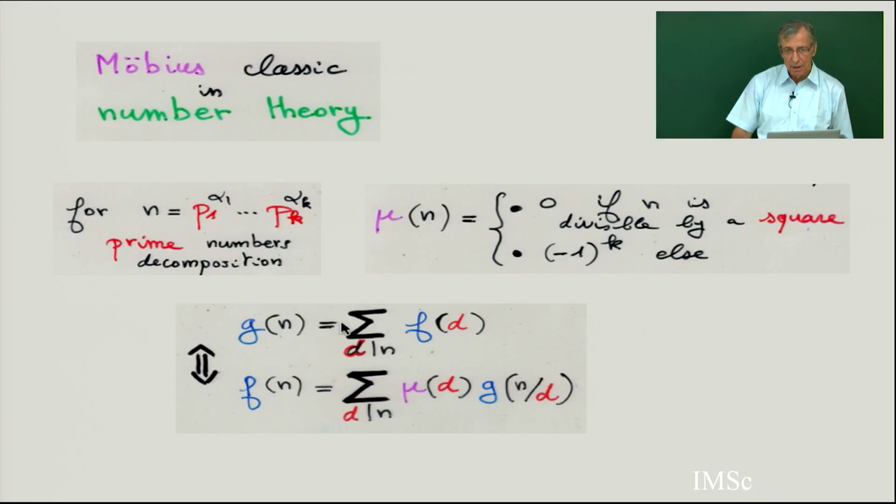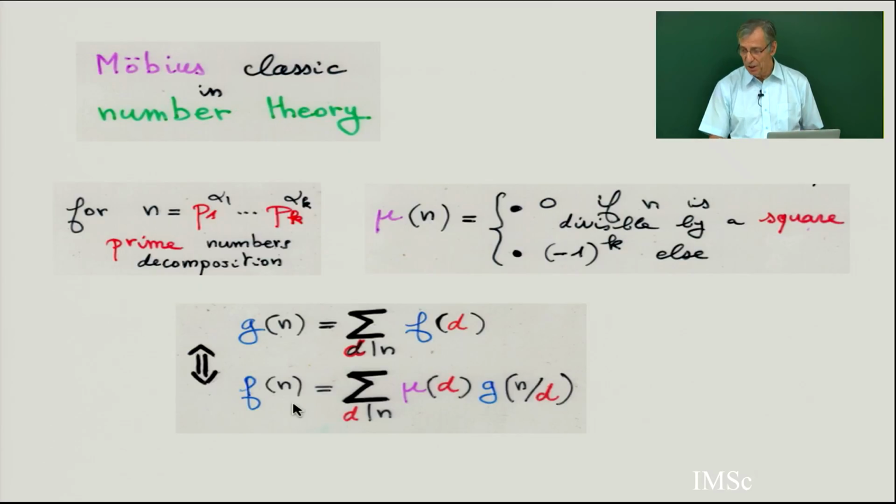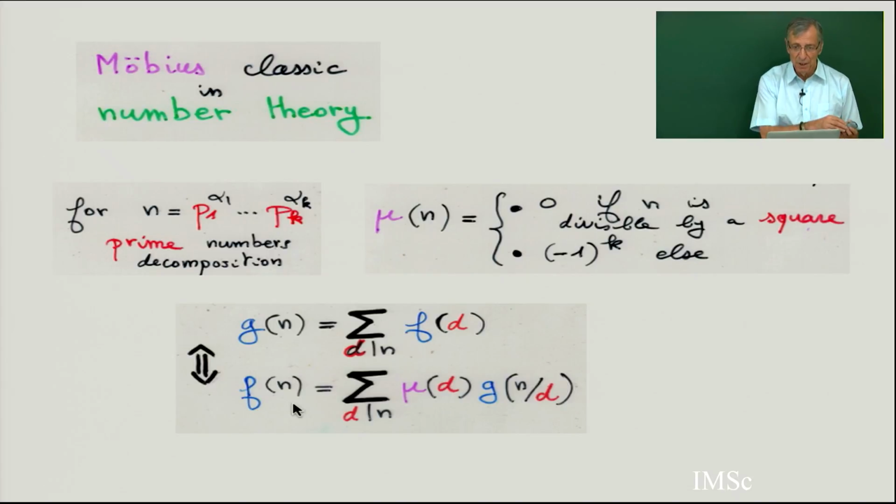Now I claim that this relation is equivalent to this relation. This is a kind of inversion. You know f and you define g. Now if I know g, I can define f by this relation. It's the sum over all divisors d of mu of d times g of n over d.